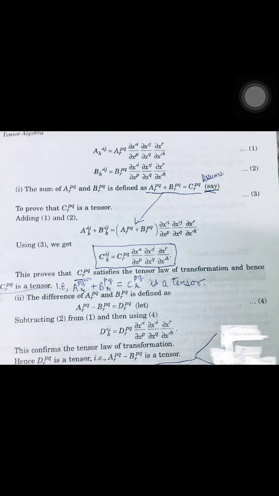We may also generalize it: addition of n tensors of the same order and same rank is again a tensor of the same order and same rank. We can generalize it from 2 to 3, 4, 5 up to n, anything. Okay, so this is a property of tensors for addition and subtraction.